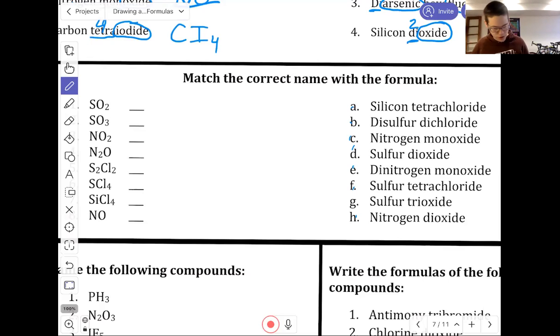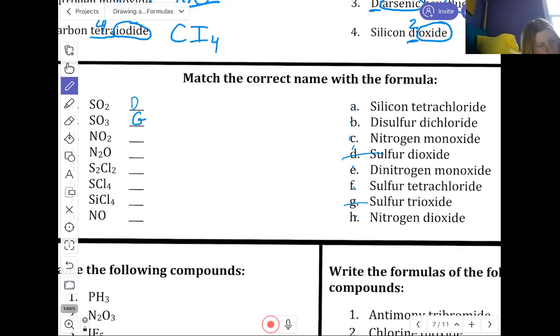Okay. Do we have answers for the matching? Yes. So what letter was SO2? D, sulfur dioxide. What was SO3? G, sulfur trioxide. What was NO2?